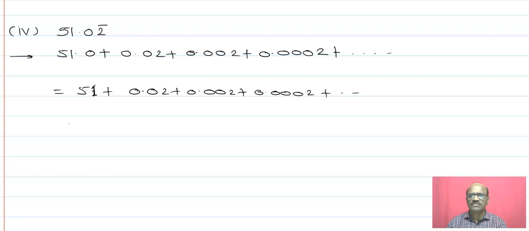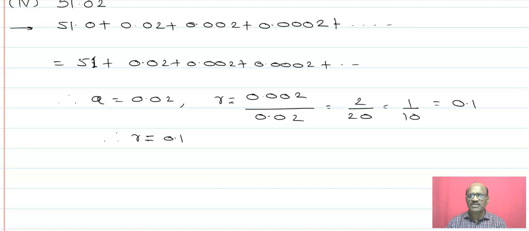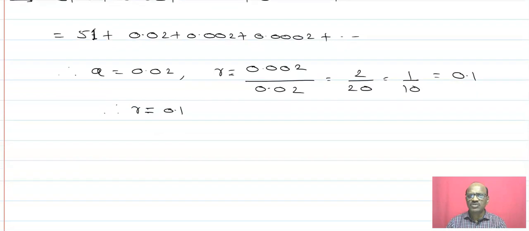Here again a is equal to 0.02, r is equal to 0.002 upon 0.02. Now if we multiply by 1000, you will get 2 upon 20, that is nothing but 1 upon 10. Therefore the value of r is 0.1, which is less than 1.